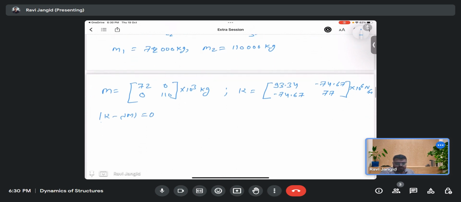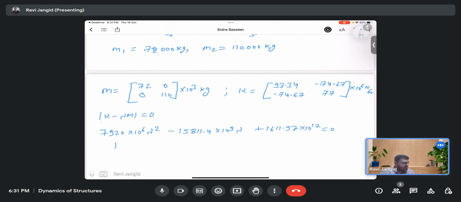If you do that, my final equation comes out to be 7920 into 10 raised to power 6 lambda square minus 15,811.4 into 10 raised to power 9 lambda plus 1611.57 into 10 raised to power 12 is equal to 0.